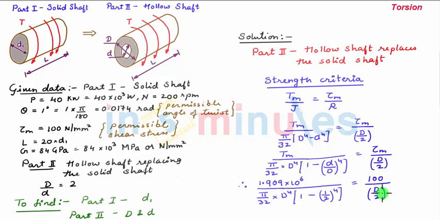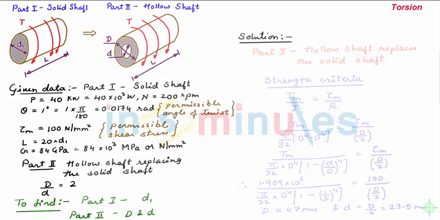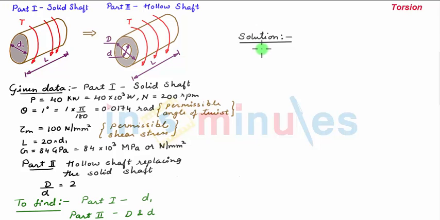So upon solving this we get the value of capital D as 47 mm, and from this we can also calculate the value of small d, which is capital D by 2, and this is equal to 23.5 mm. Now let's apply the rigidity criteria on the hollow shaft.